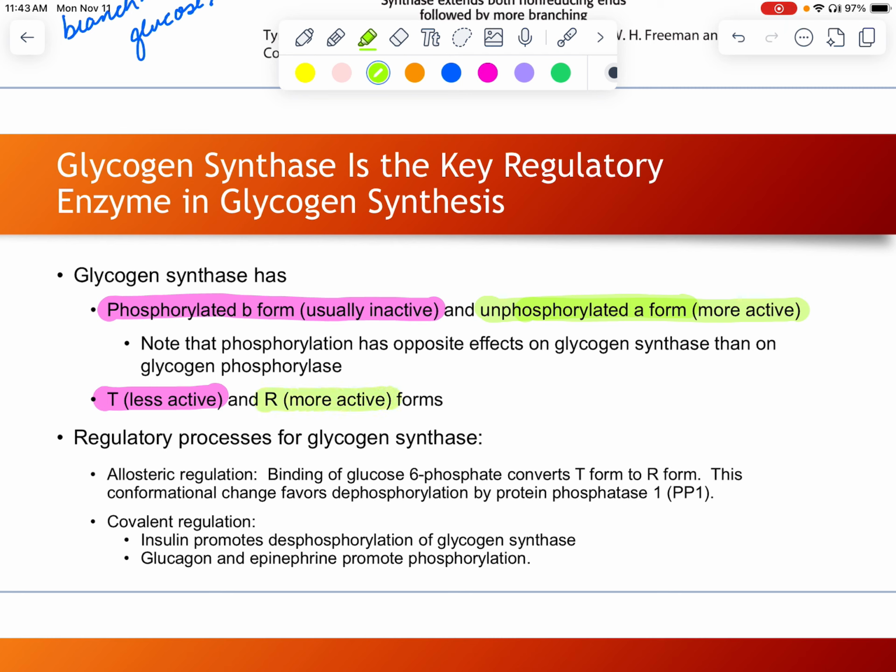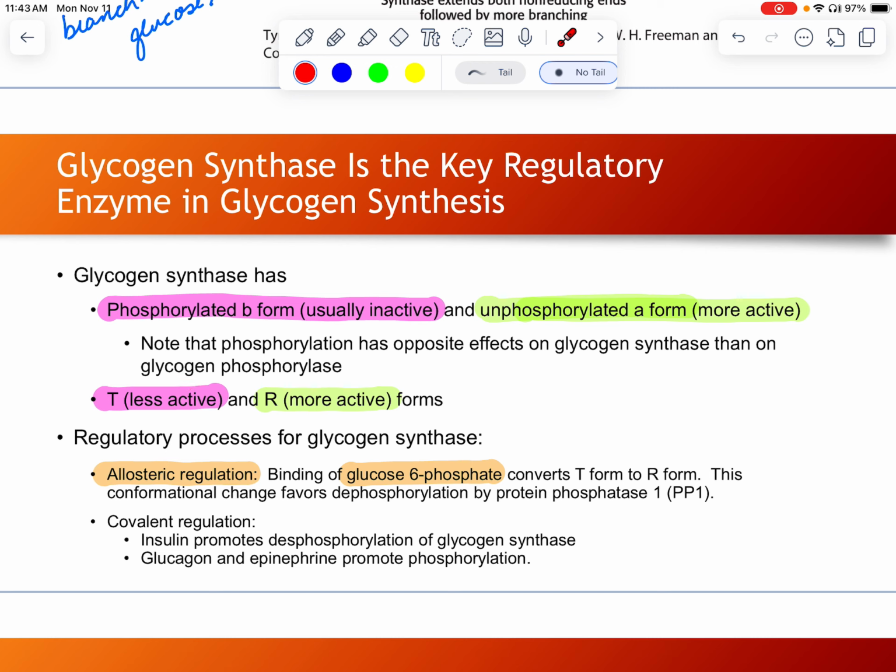So regulatory processes, we can have allosteric regulation. So the glucose 6-phosphate can bind allosterically to some point, and when it does, it converts. So this is a positive effector, because notice it converts that T form to the R form. It converts us from the less active form to the more active form.